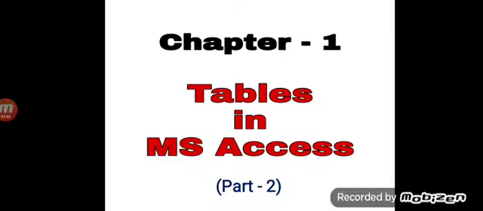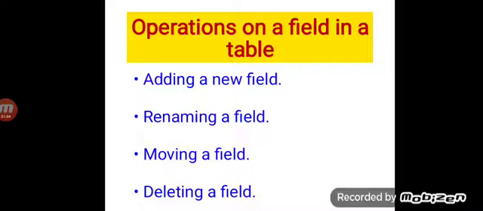Now today we'll start with the next topic, that is operations on a field in a table. Once we have created a table, we need to add some desired fields to it. So we have different topics like adding a new field, renaming a field, moving a field, and deleting a field.